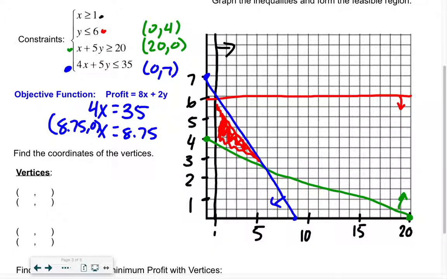Now we got to figure out where they all cross. Okay. Well, I know that my black line and red line cross at what point? 1, 6. Good.